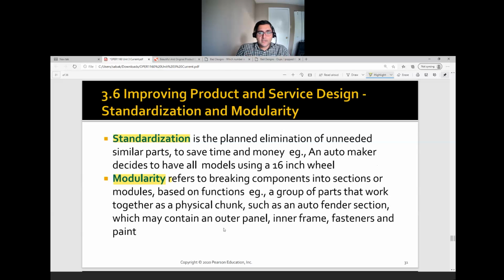Let's think of Nissan as an example. If Nissan decides that for any type of SUV which it is trying to build, it will use the same type of 16-inch wheel for all the different models of SUV, that's called standardization. I use the same product. This helps in making the design process easier than having, say, 15-inch, 14-inch, 13-inch, and so on.